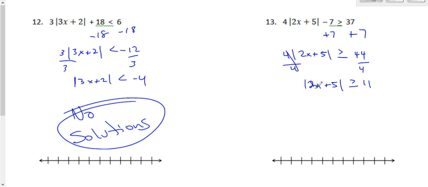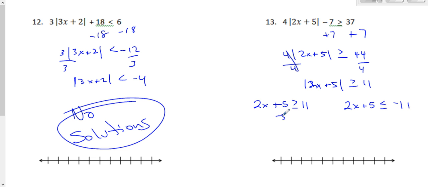Now that the absolute value is by itself, we will split this up to be positive and -11. So 2x plus 5 is going to be greater than or equal to 11. And then for the -11, we need to flip the symbol because we multiplied that 11 by -1 to get -11, so that has to flip.